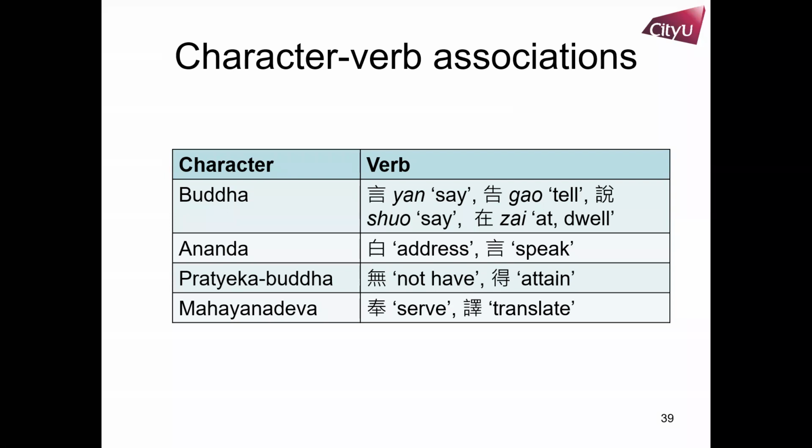Perhaps it's not unexpected because after all, the canon is supposed to preserve his teachings, and at that time it's often verbal. There is also the verb to dwell. This is also frequent because many of the canonical texts are very diligent in reporting where he was when delivering the particular discourse or sutra. So that is also very common.